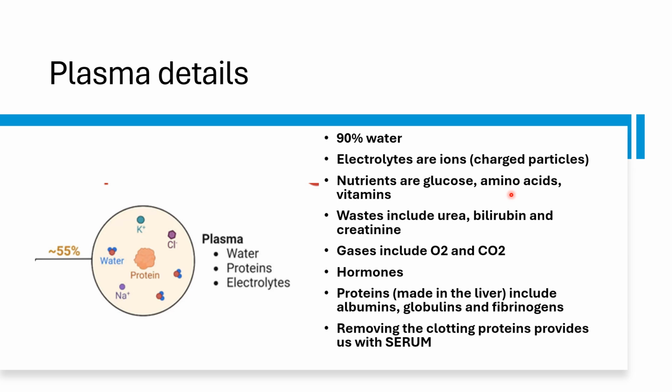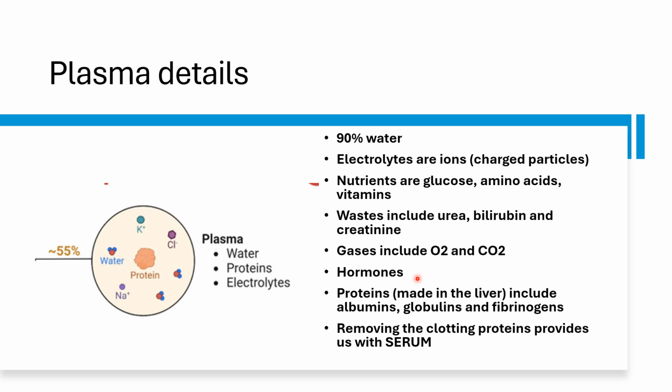And remember, proteins are used for building structures all over your body. You're going to have urea, bilirubin, and creatinine, all 3 chemicals in your blood that are waste products from other processes in your body involving the liver, the kidneys, the adrenal glands, and other organs. You're going to have oxygen and CO2 in the plasma.